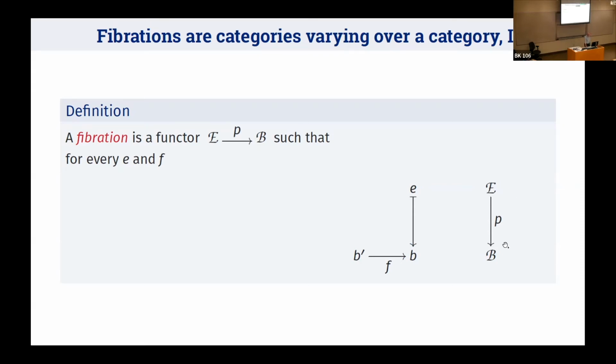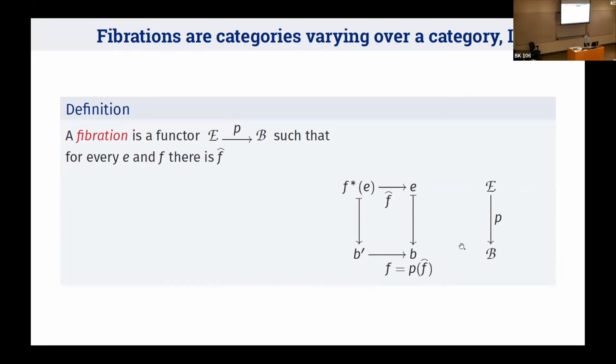And it's a functor in this direction, but this functor has a universal property. And the universal property is the thing that I'm just about to show you. Given any object in the upper category, which is taken by the functor into the object B, so B is P of E, and given any arrow in the base category, there, this is not a commutative diagram, mind you, because this arrow is in the upper category and this arrow is in the lower category.